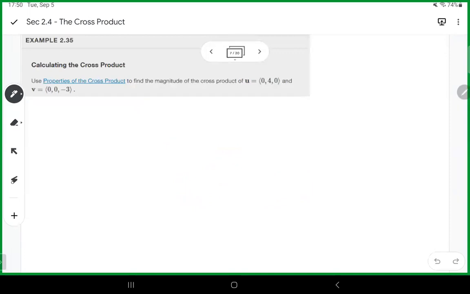Okay. So it says calculating the cross product, use the properties to find the magnitude of the cross product. So if we are given U is 0, 4, 0, and V is 0, 0, negative 3, we know that we have to use the magnitude.